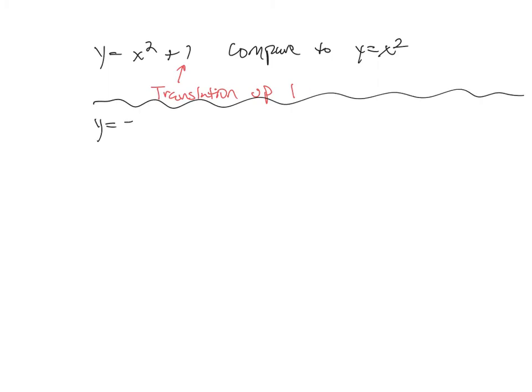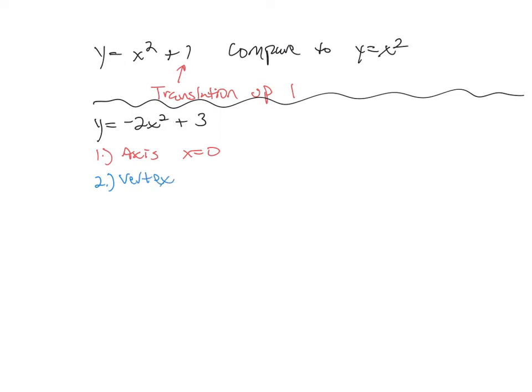So if I had negative 2x squared plus 3. So again, the axis of symmetry, because there is no b part, is 0. Okay.